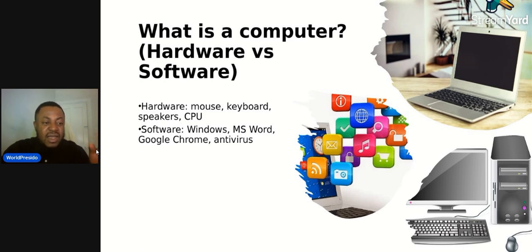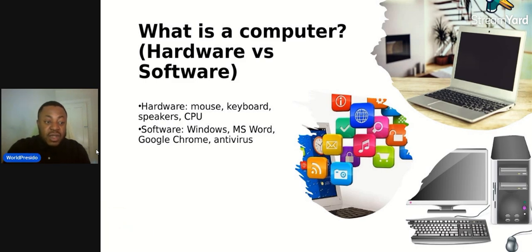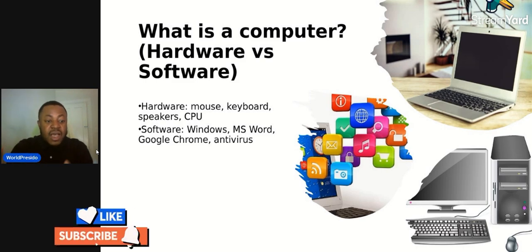So these are the hardwares. Then the softwares are the programs and the operating systems that tell the hardware what to do. So the physical parts of the computer that you can touch, that's the hardware.